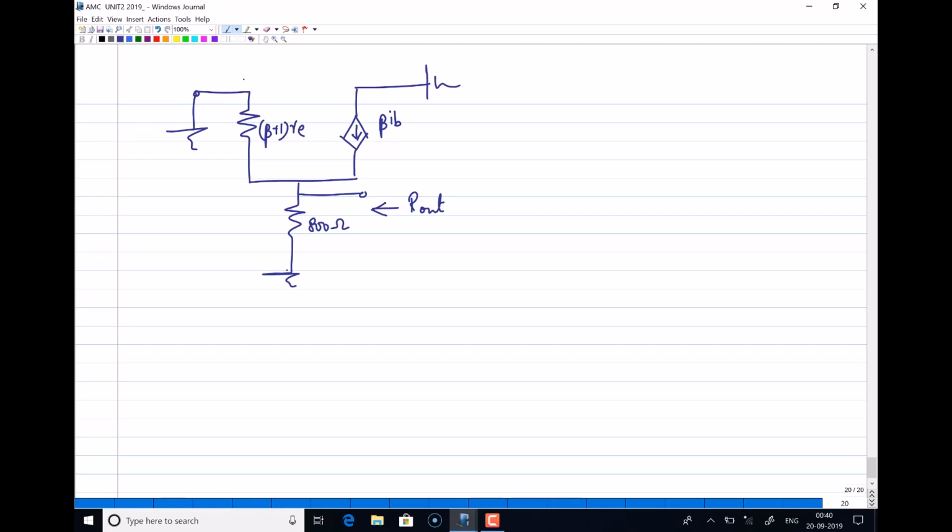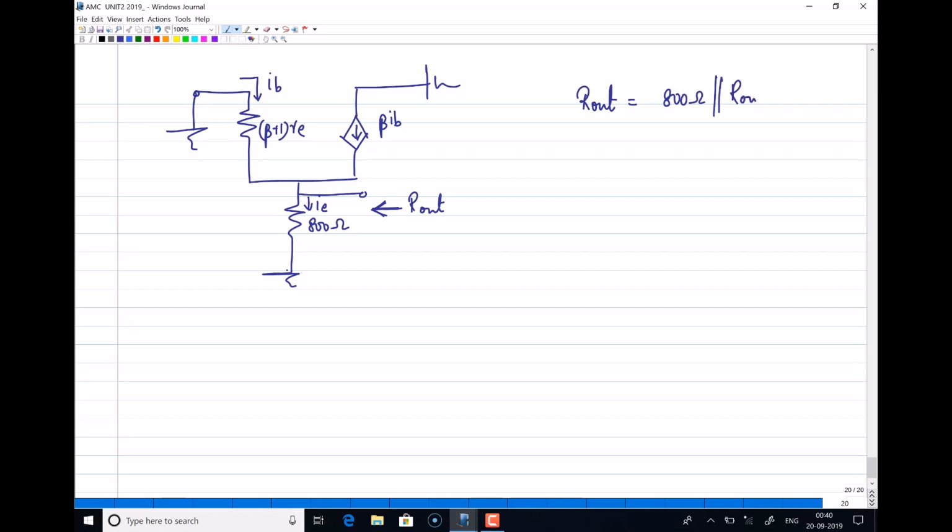This is IB and this current is IE. Since I want to find the impedance looking at this terminal, I can write the output resistance as 800 ohm parallel to the resistance seen at that terminal.